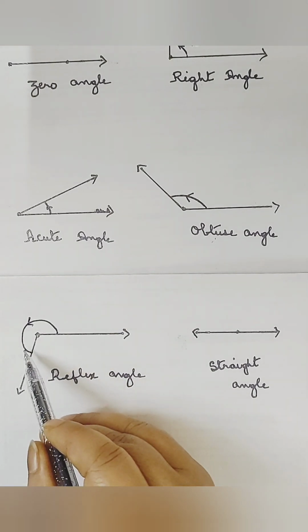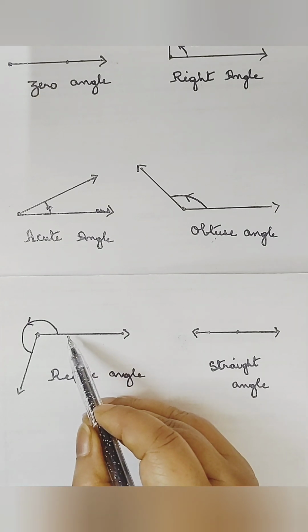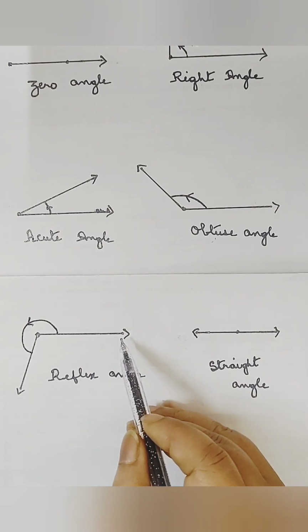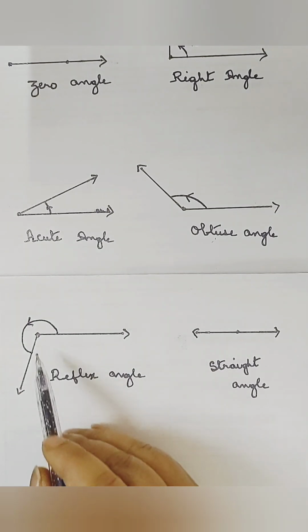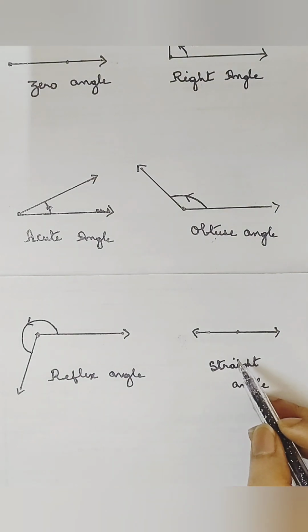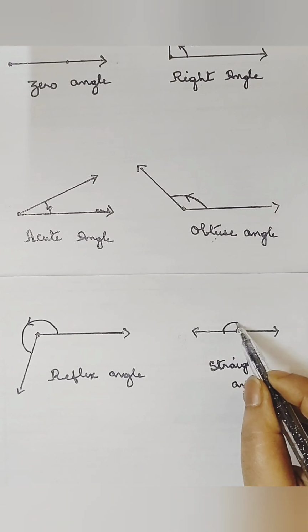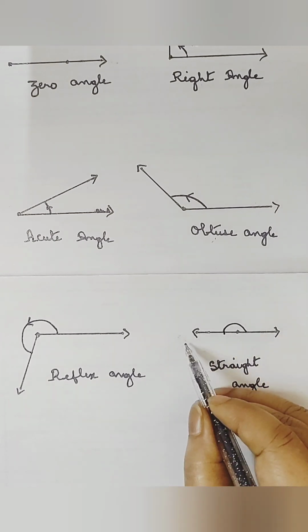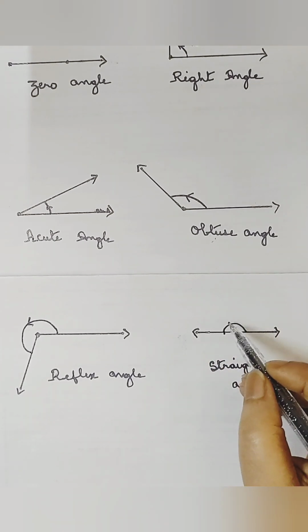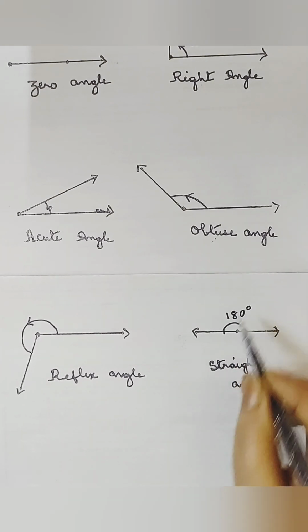And you know one thing, if you just complete this one, then it is a complete angle, and that is 360 degrees. Now this is a straight angle. In a straight angle, you can see the two rays are on opposite sides. This is a straight line, this is a straight angle, and it is always 180 degrees.